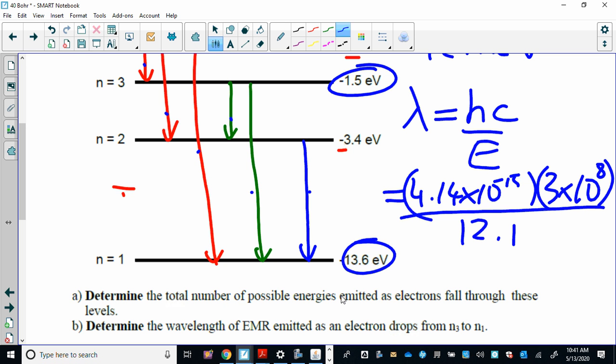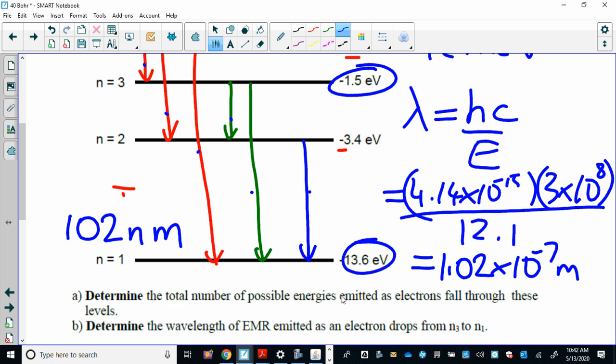Stick all that into your calculator, and you are going to get times 3E8 divided by 12.1, 1.02 times 10 to the negative 7, which is 102 nanometers.